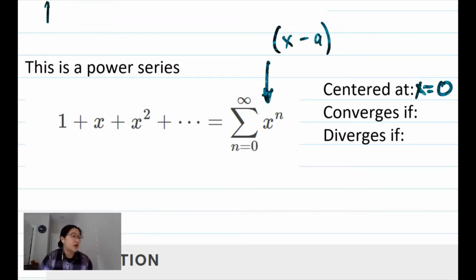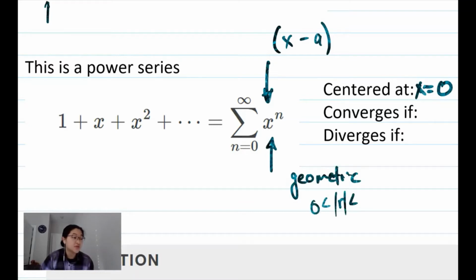And our series converges if we're looking at what looks like a geometric series, right? And when do geometric series converge? When the absolute value of r is between 0 and 1. So that's when the absolute value of x is less than 1, and I guess that it's not 0.